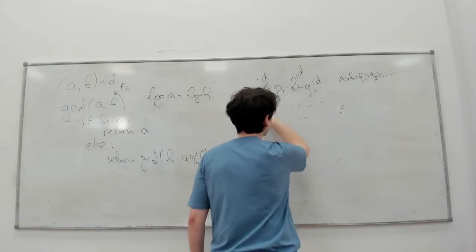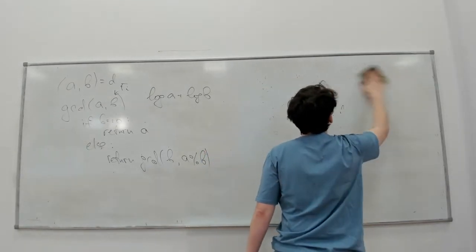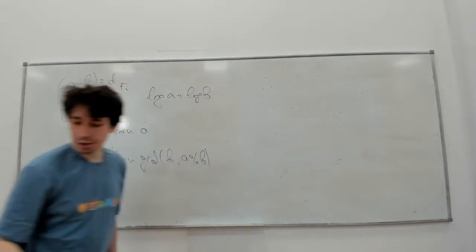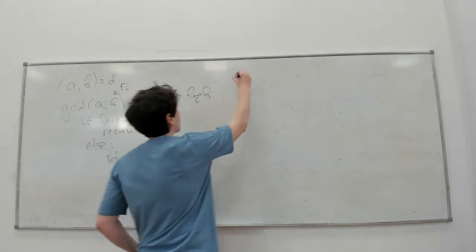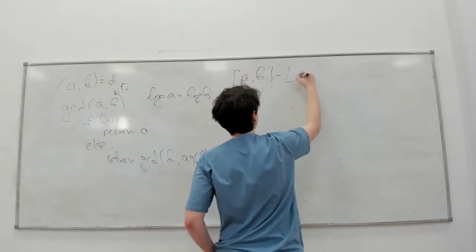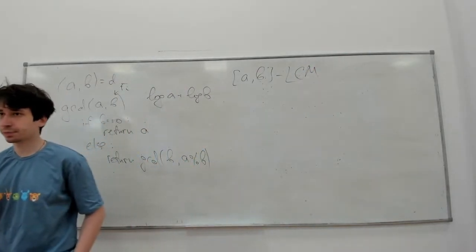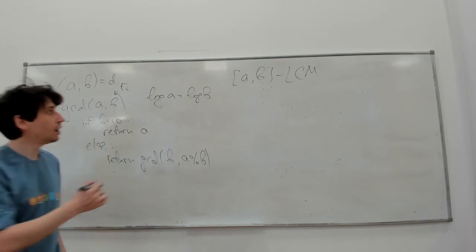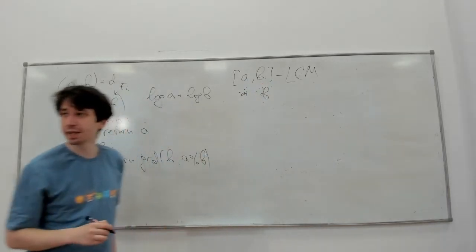The question then is about LCM. That's another thing that is pretty important for us in number theory. For A and B, this is the LCM, or lowest common multiple. What does it mean? It is the smallest value that is divisible by A and divisible by B at the same time.